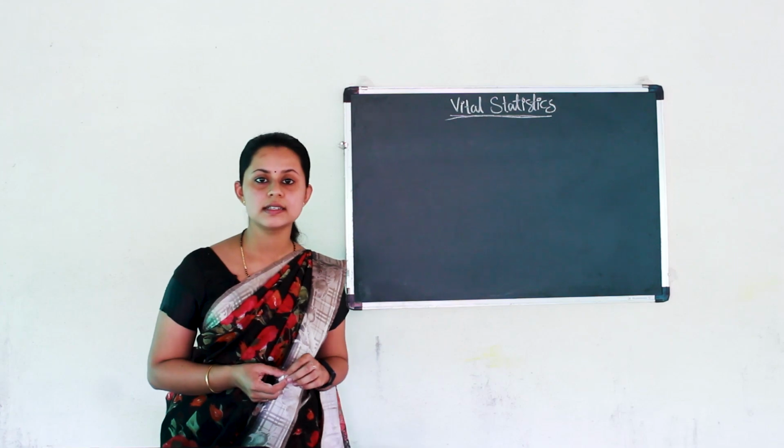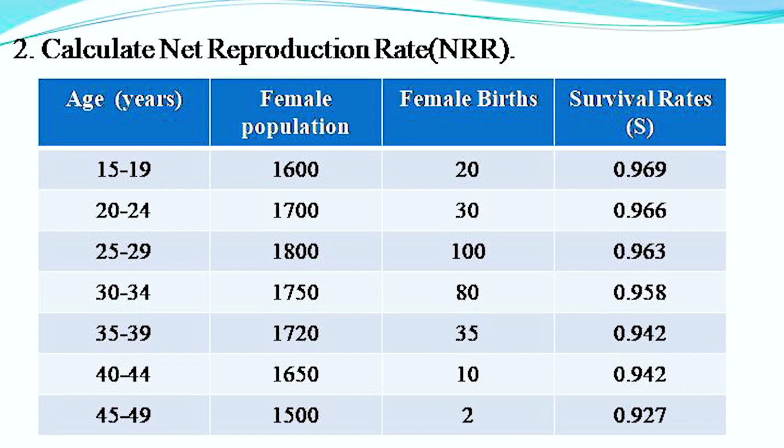Next we shall study the second problem: calculate the net reproduction rate, or NRR, for the following data. The first column is the age in years: 15 to 19, 20 to 24, 25 to 29, up to 45 to 49. The second column is the female population: 1600, 1700, 1800, 1750, 1720, 1650 and 1500.